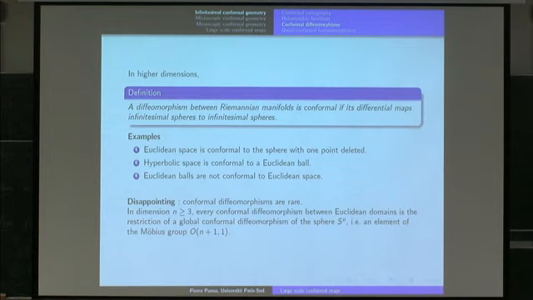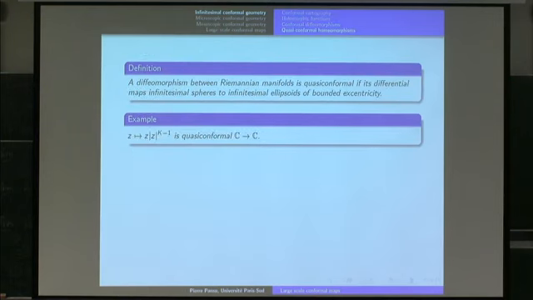So conformal mappings in higher dimensions are scarce, and this led people already to coarsify the theory.